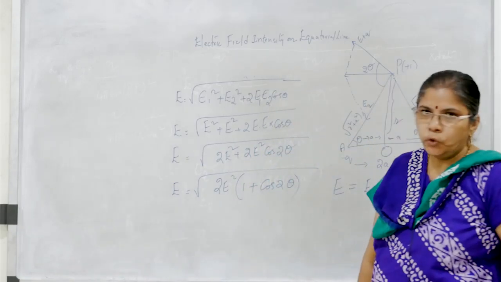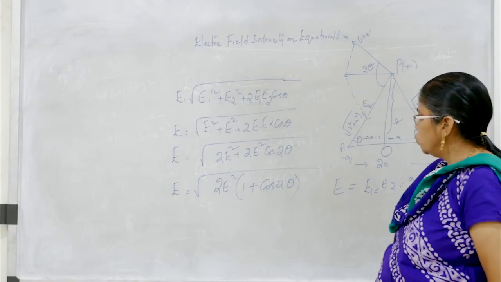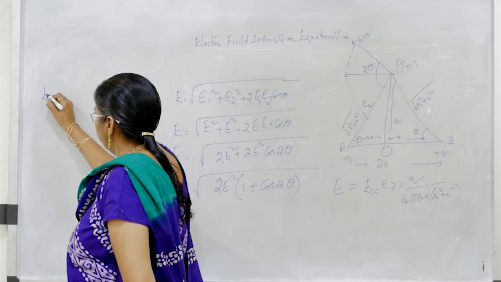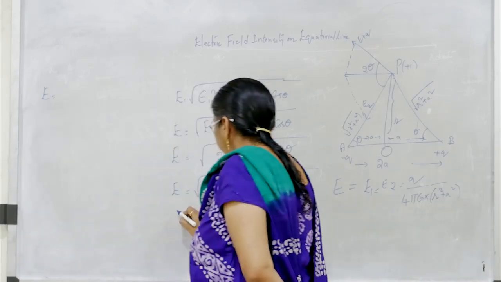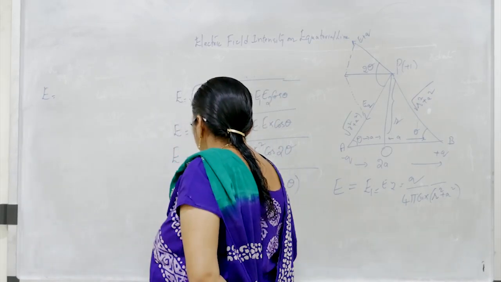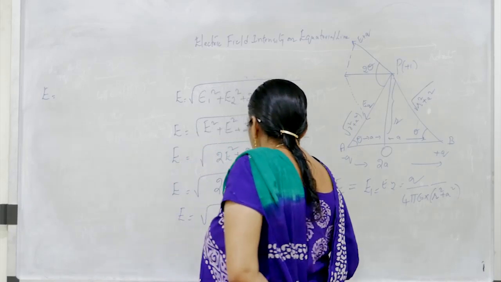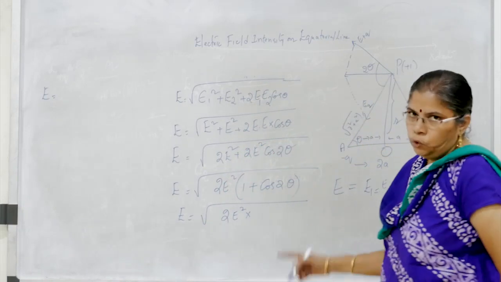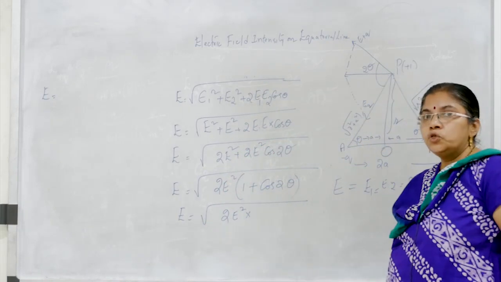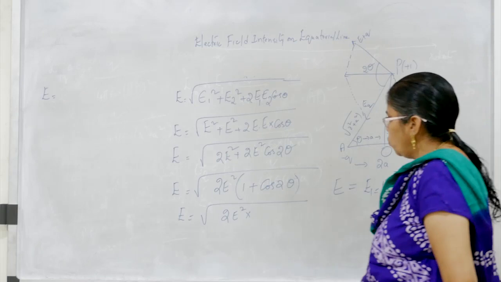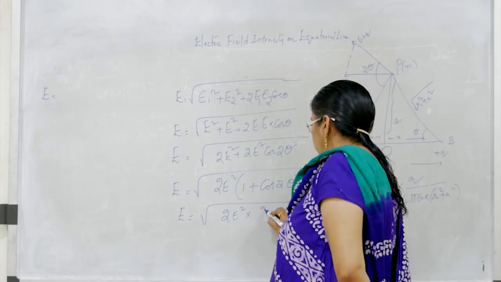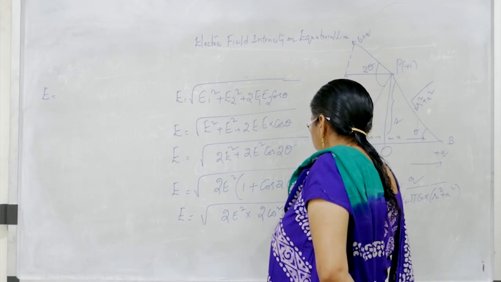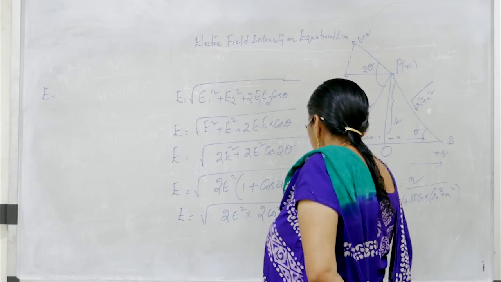So E is equal to root over 2E square into, here I use the formula cos 2 theta equals 2 cos square theta minus 1. So this becomes 2 cos square theta minus 1, and this is plus 1.